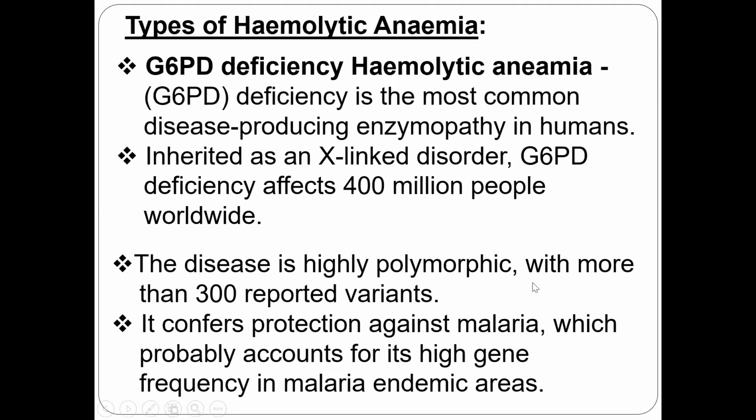The disease is highly polymorphic, with more than 300 reported variants seen. So it has variations, and because of the polymorphism, it affects quite a number of people, found in malarious environments such as in our area here. The deficiency being the cause, it can also be a type of hemolytic anemia, as well as a type of deficiency anemia.